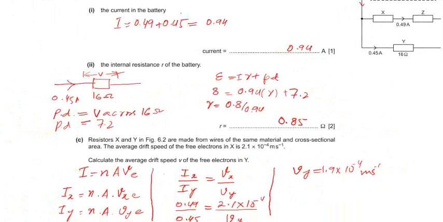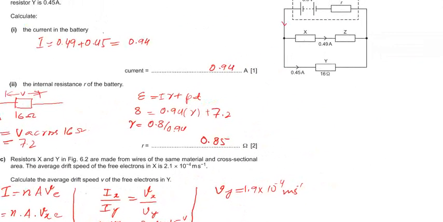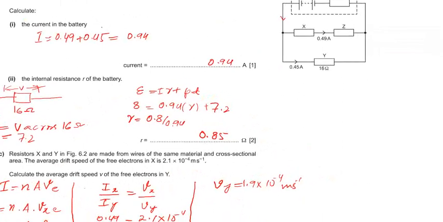So the EMF equals the internal resistance times current plus the terminal potential difference. So 8 is the EMF, 0.94 is the total current, r is the internal resistance, and the potential difference is 7.2 volt. After solving, the internal resistance is 0.8 divided by 0.94, which is 0.85 ohm.